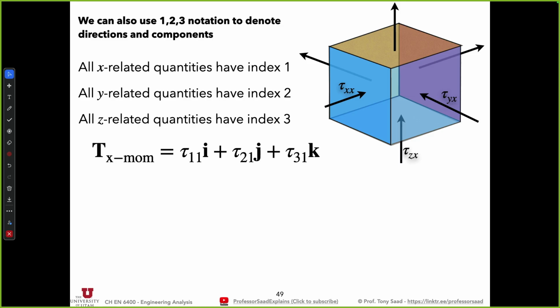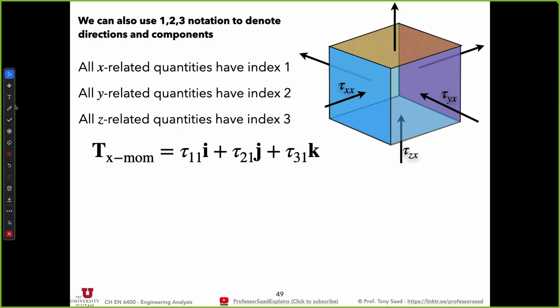With that convention, then I can rewrite my x-momentum component. So in this notation 1, 2, 3, my velocity field is u1, u2, and u3 instead of u, v, w or ux, uy, uz, okay? It's just u1, u2, and u3, where 1 is the first direction, 2 is the second, 3 is the third. And then in that notation, x momentum corresponds to component 1.